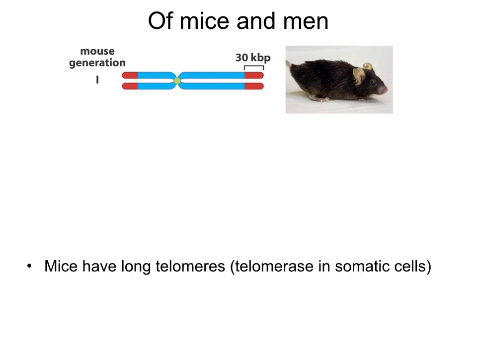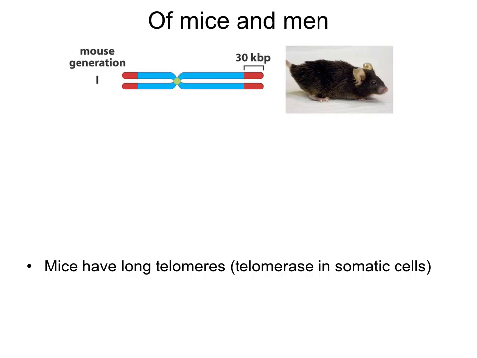I've also mentioned that mouse cells are much easier to transform than human cells because, for the most part, cancers are a problem of long-lived organisms like us, and if you only live for a couple of years anyway, the likelihood that cancer will be the end of you is quite low. So these organisms don't really use telomeres in the same way that we do as part of the timing mechanism to ensure cellular mortality.